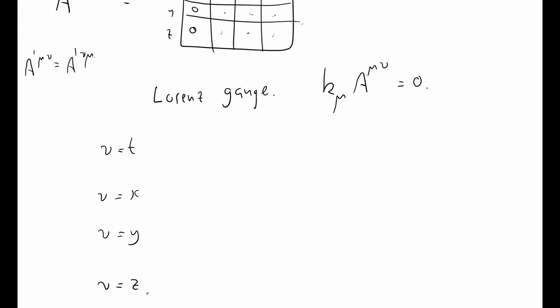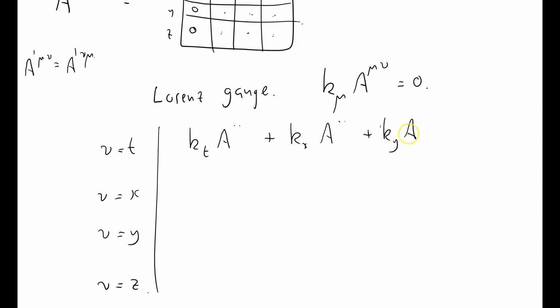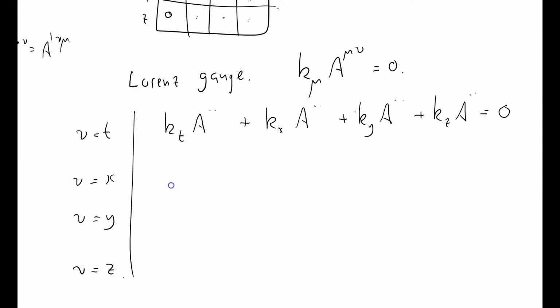So we're summing over mu, and what do we get? So it's kt A something something plus kx A something something plus ky A something something plus kz A something something equals 0, and the 0 is the Lorenz gauge condition.